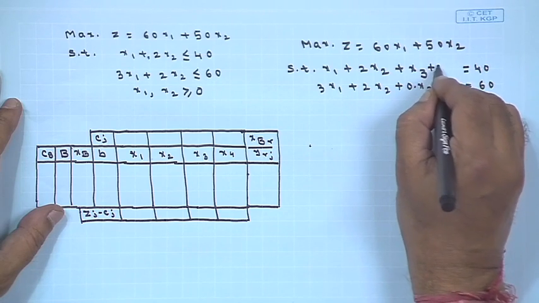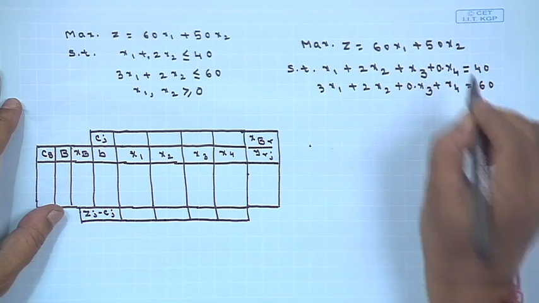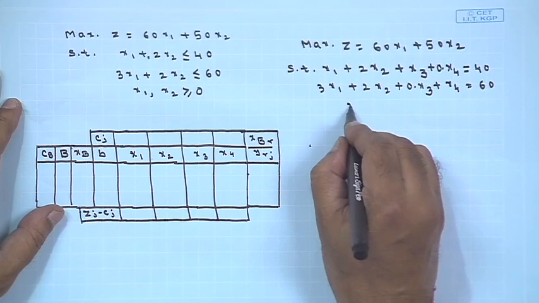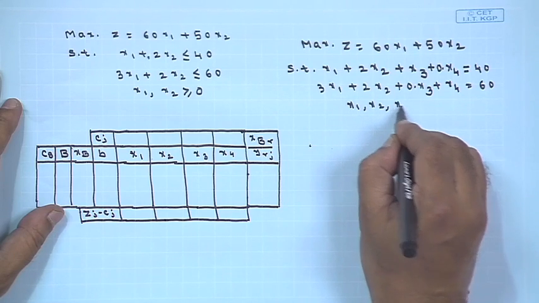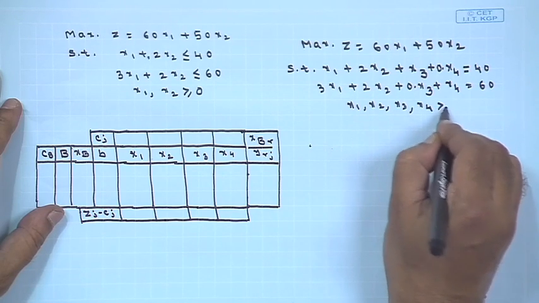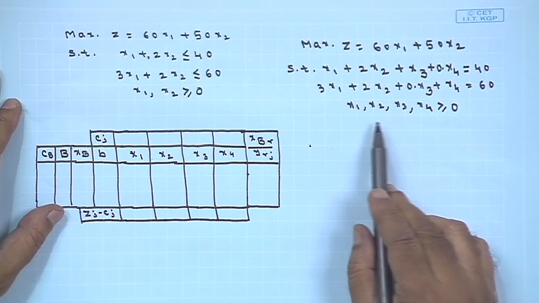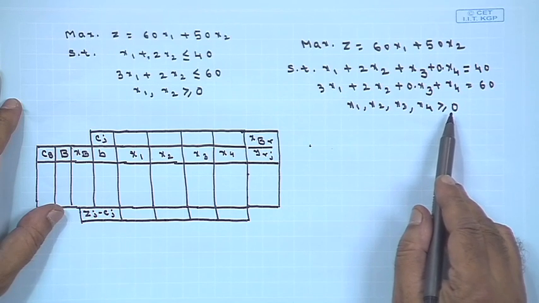Here also I can write 0 into x 4, where x 1, x 2, x 3, x 4 all are greater than equals 0.